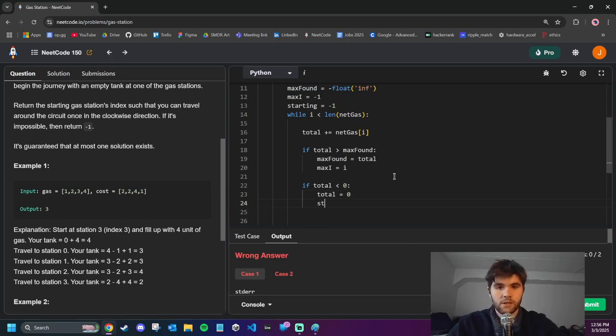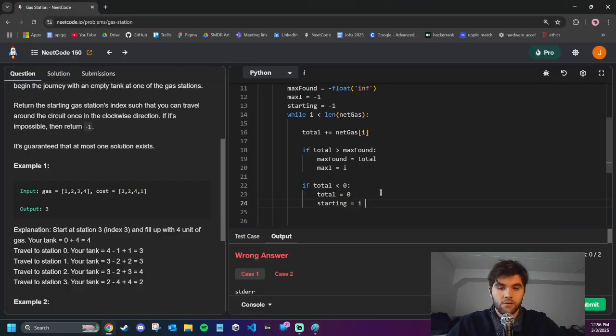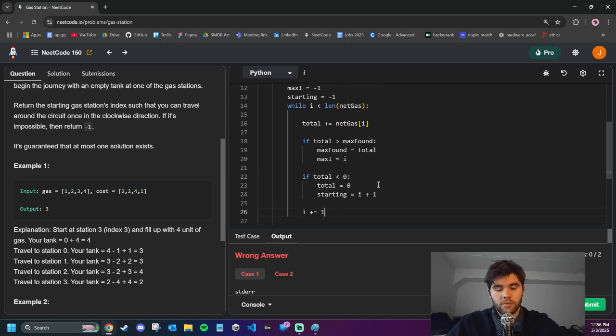So whenever we reset, the starting point equals I, right? Well, it should be I plus 1.